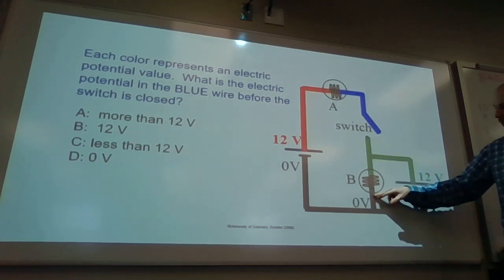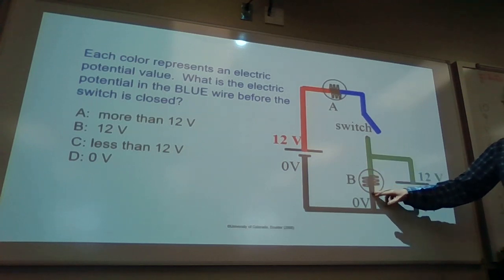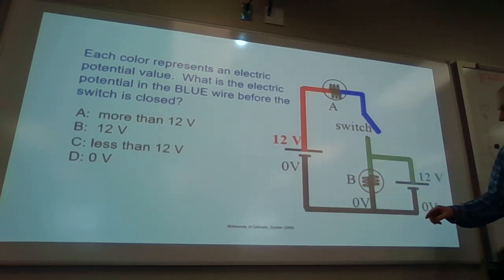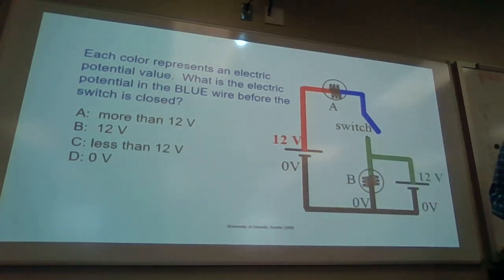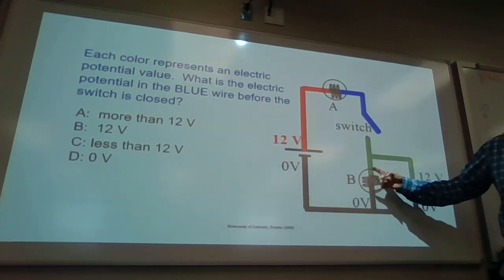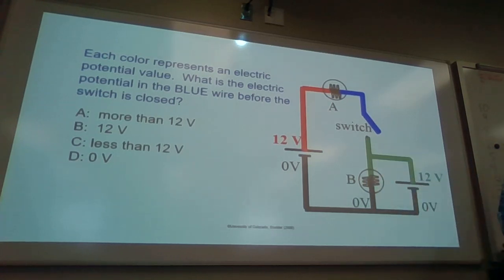Okay. Across the resistor, it drops to 0. So here, all these have an electric potential of 0 volts. Okay. So the electric potential difference of 12 volts across this is the electric potential difference of 12 volts across this.